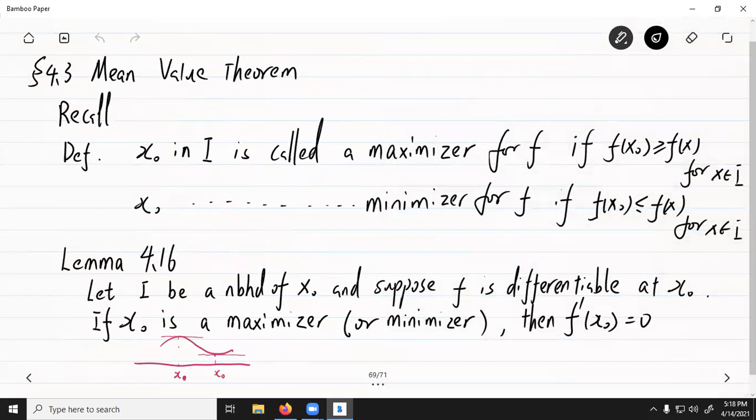This is the thing we use here, right? And another good thing for this lemma is we didn't need a lot of requirements. What we need is just that f is differentiable at the point x0. We don't require any other requirement. We just need differentiability. Okay.